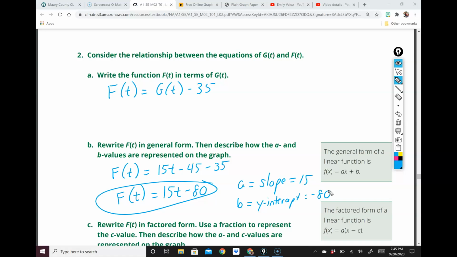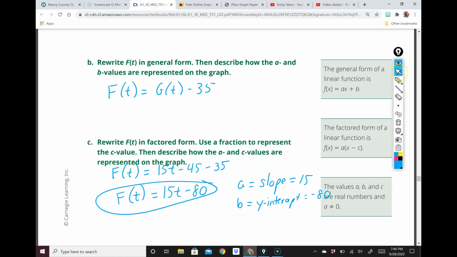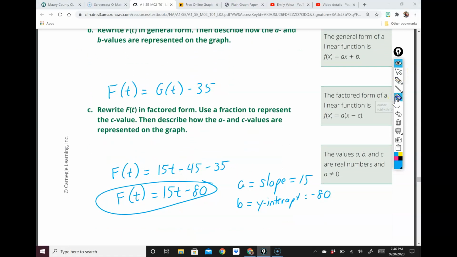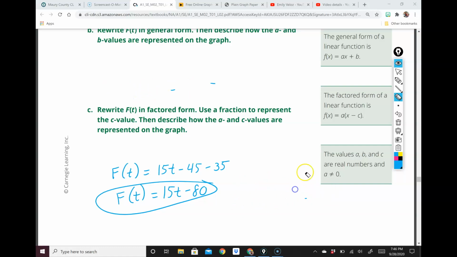Part C, rewrite f(t) in factored form, use a fraction to represent the c value, then describe how the a and c values are represented on the graph. All right, so I'm going to factor out, and what it means to factor out is what can I take away from 15 and 80.